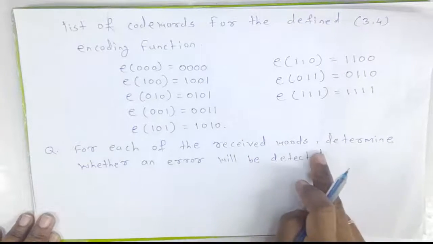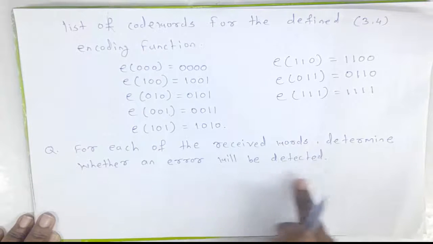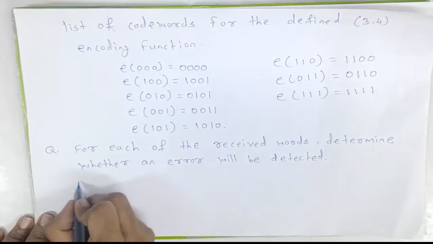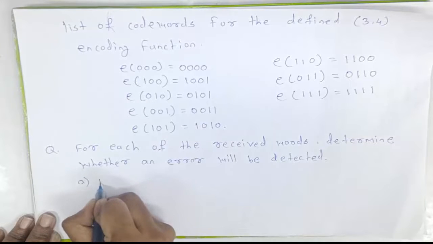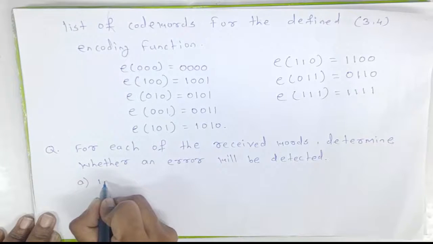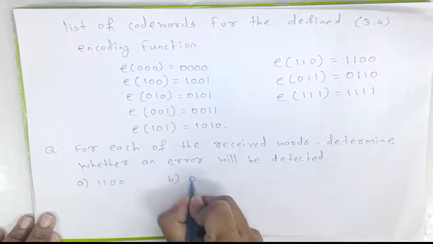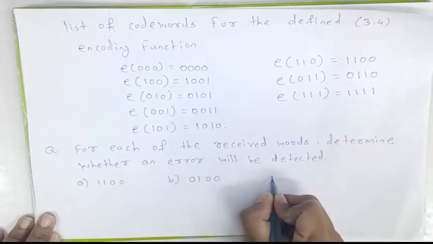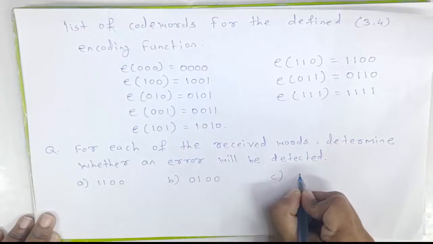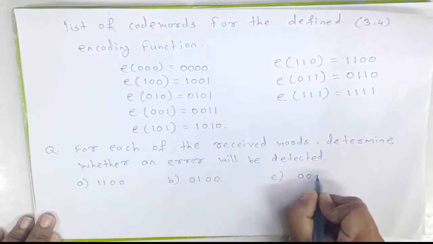So here, A is 1100, B is 0100, C is 0010.